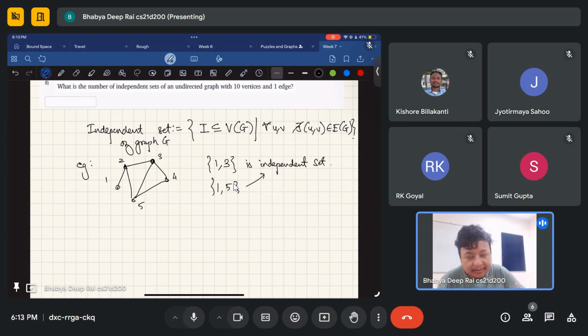Something like {1, 3, 5} is not an independent set because 3 and 5 form an edge.